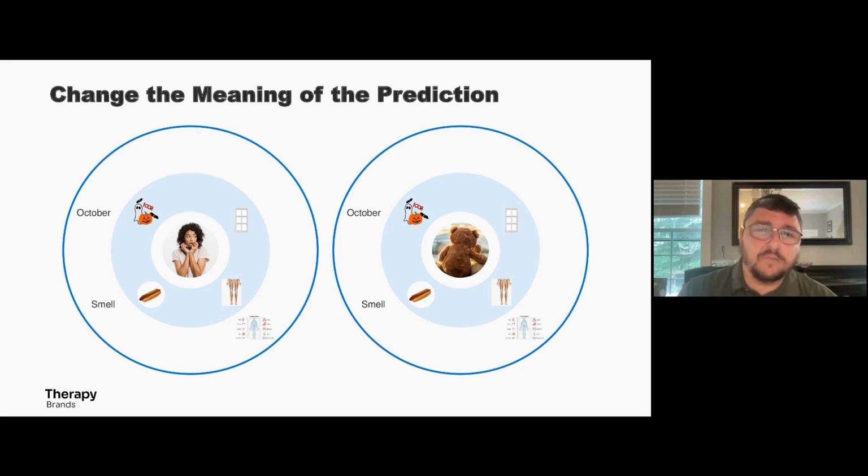Halloween decorations and windows would often elicit this concept, right? And then there was a feeling in her legs, which we labeled as, I need to get out of here, I'm not safe.